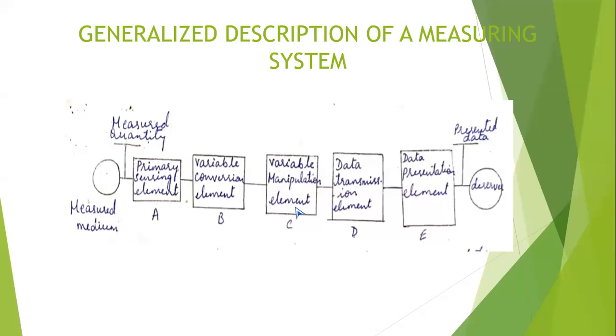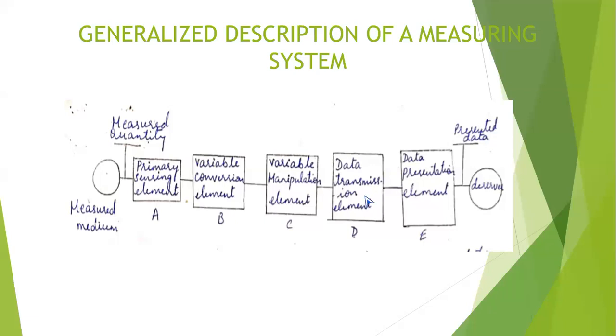This voltage signal is fed to the data transmission element. This is the intermediate element. The function of the data transmission element, as the name itself indicates, is that the voltage signal coming from the variable manipulation element is converted into digital form.